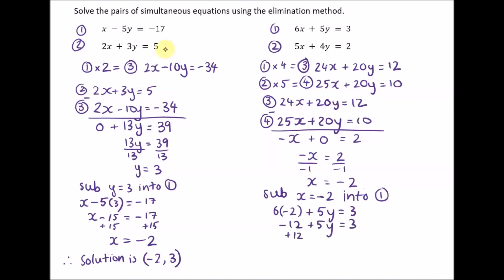We add 12 to both sides. We've got 5y equals 15. Divide both sides by 5. And we're left with y equals 3. So we can write our solution. Therefore, the solution is x equals minus 2 and y equals 3.